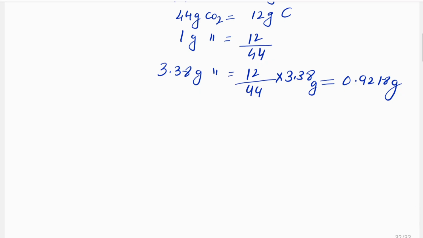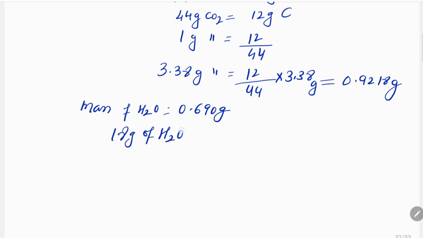Now similarly, we have been given water also, right? So the mass of water has been given, which is 0.690 gram. We know that 18 gram of water, which is 1 mole of water, will have 2 gram hydrogen.